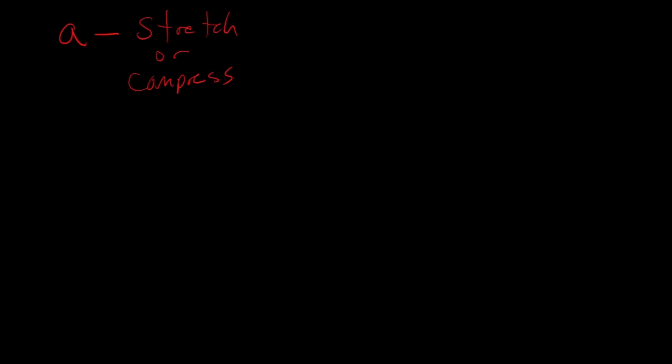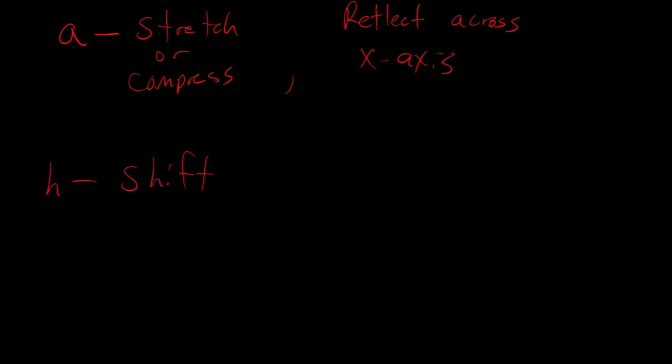A can also reflect across X. It goes upside down, negative. I have my H, which is going to shift left or right. And I have a K, which is going to shift it up or down.